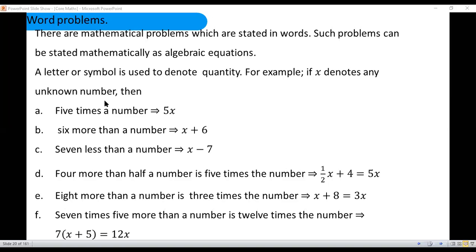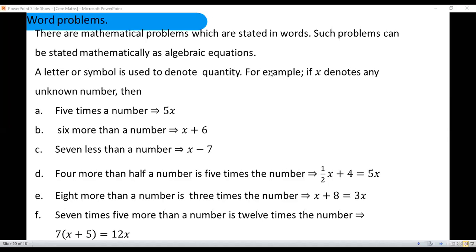For instance, if the number is 2, that means x represents 2 in that case. So what we do is we multiply 5 by 2. So 5 times the number, if the number is x, then we have 5x. And be mindful, 5x means 5 is multiplying x.